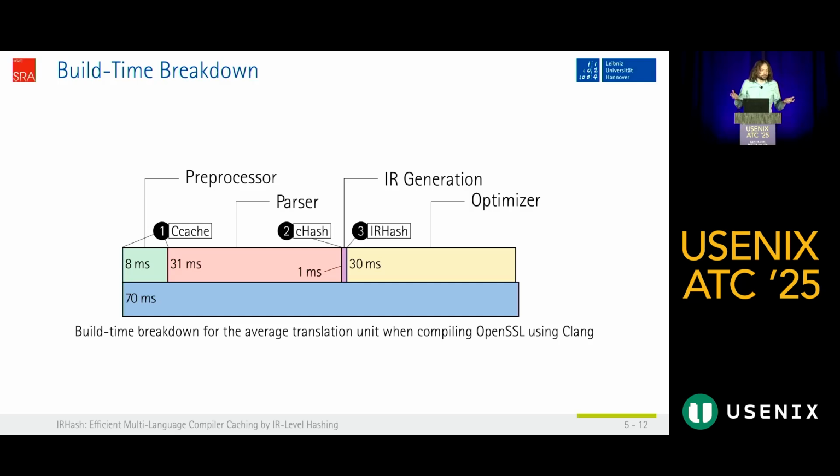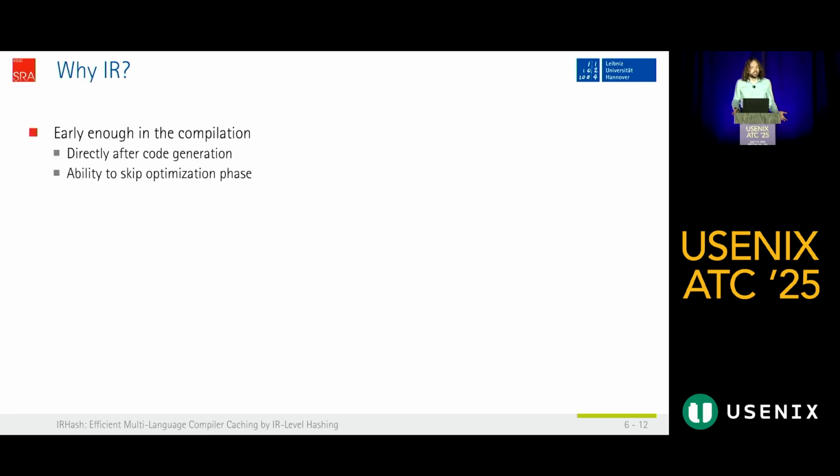But right after IR generation, where the AST was translated into IR, it could make sense to build a compilation cache. So why IR? It's the abstraction that is left, but on the other side, there are interesting aspects of it.